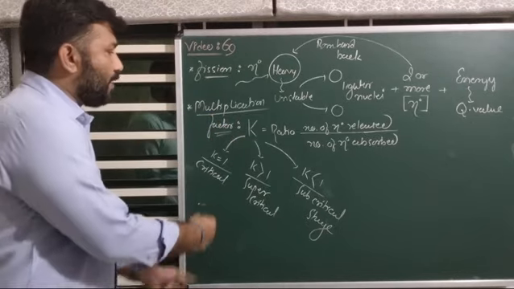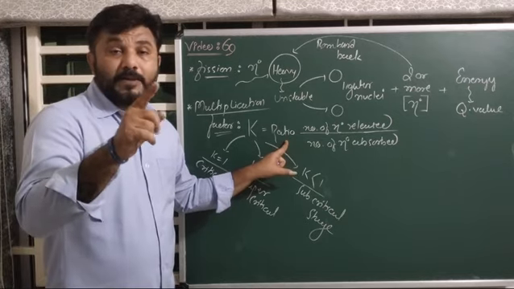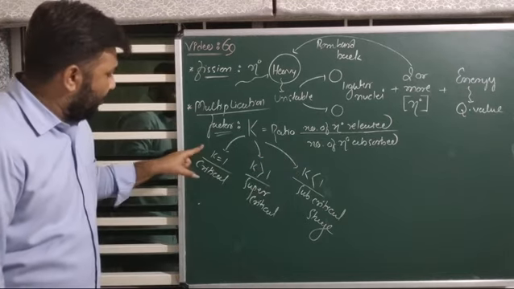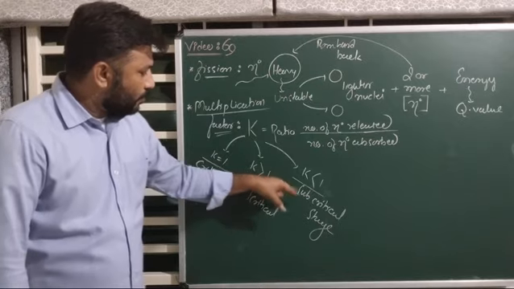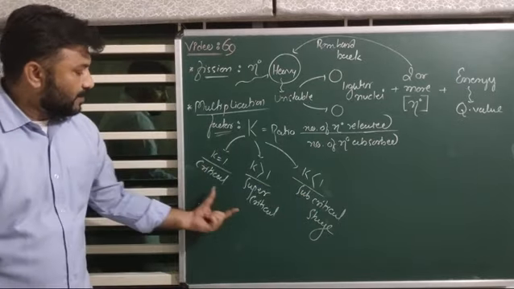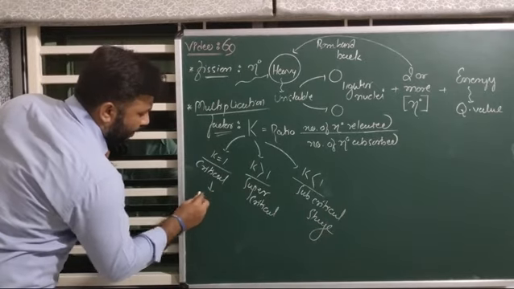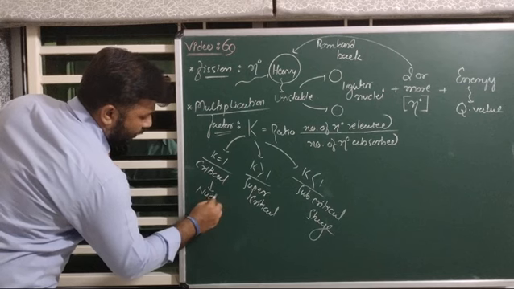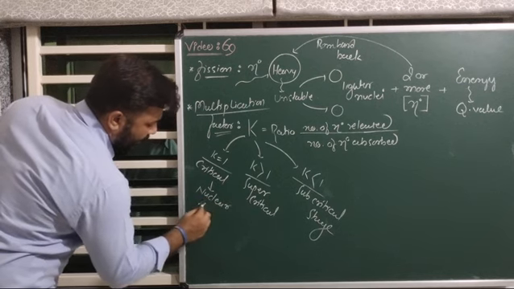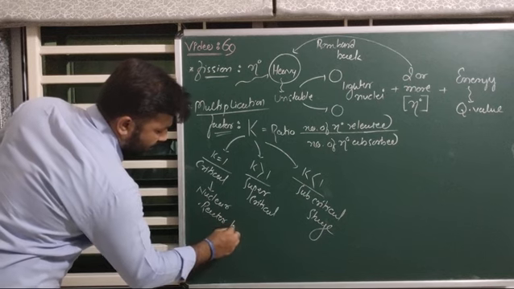Multiplication factor. So many questions are there: its definition, its unit and dimension, and if K is equal to 1, K less than 1, K greater than 1, right? These are the stages. In these stages only, the nuclear reactor works.